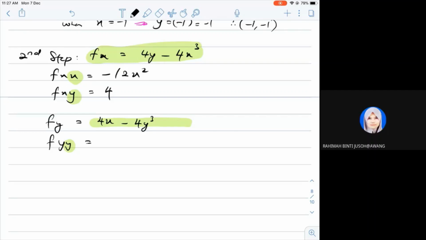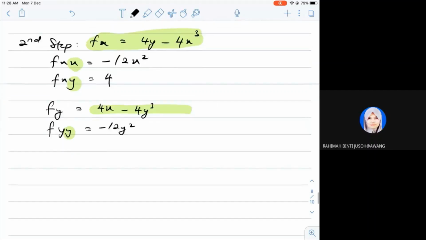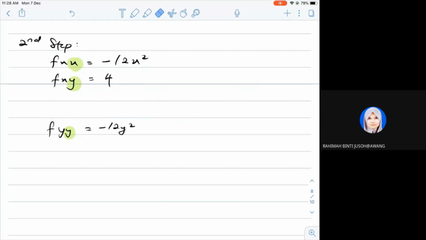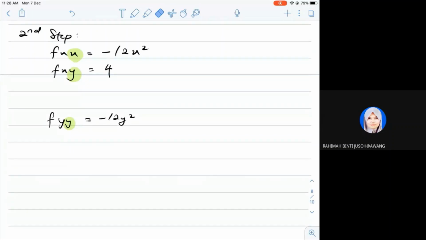Yes, negative 12y squared. Okay, saya saja ambil balik yang fx dengan fy ni supaya you all tak confused. So basically kalau you dalam final exam you tak payahlah tulis balik sekali. So ni boleh padam lah. And then this one pun boleh padam lah sebab ni daripada atas tadi kan. Okay, so we have this fyy equals to this.